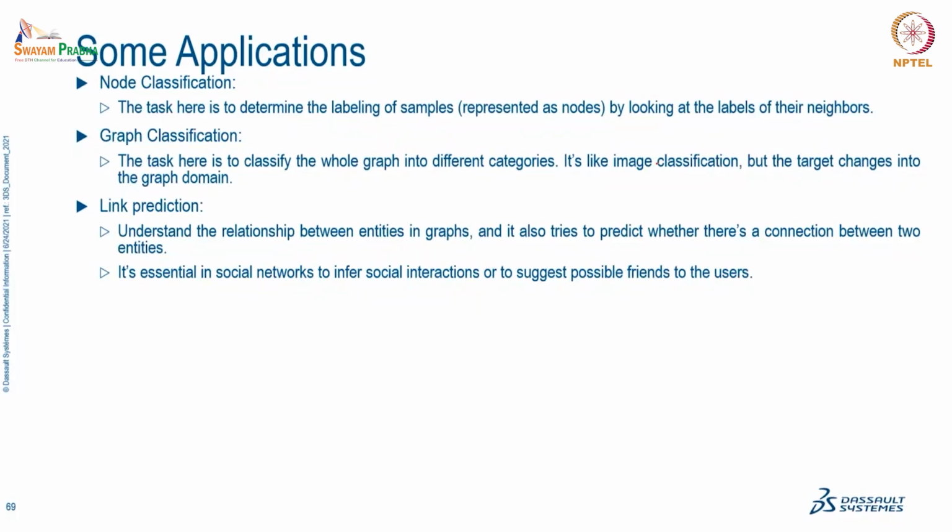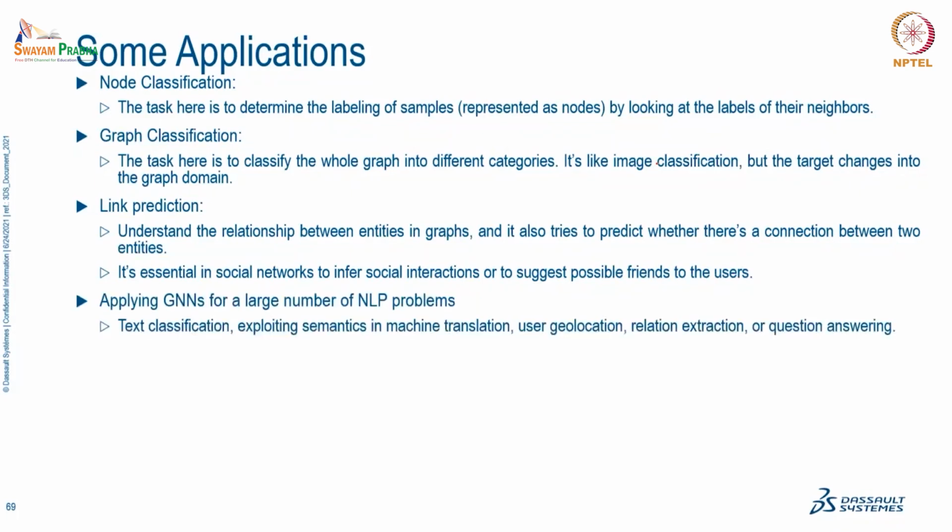For that type of application, we can use graph neural networks for link prediction.